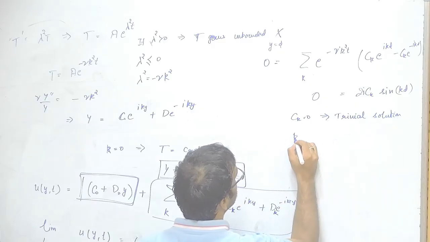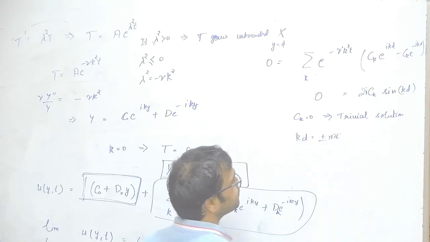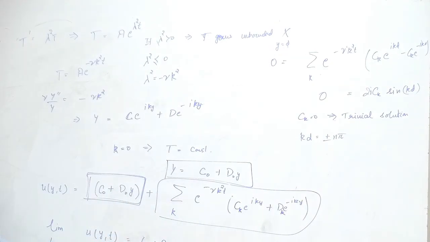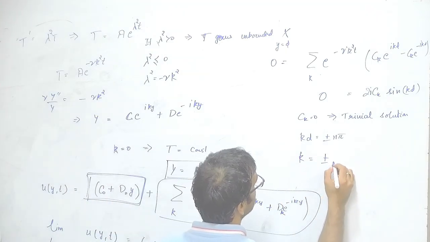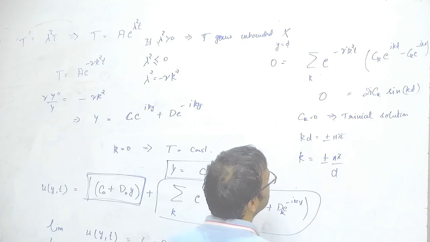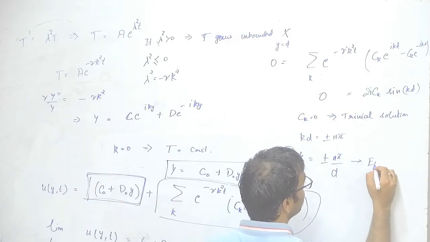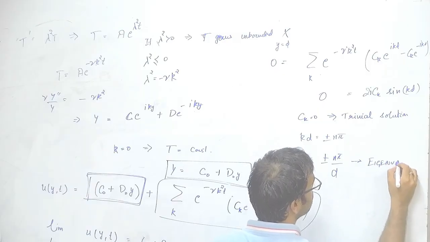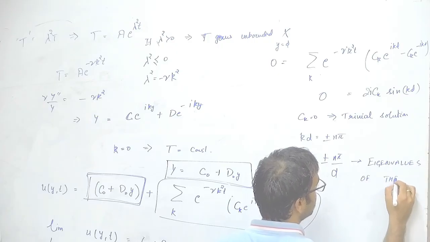The other is when kd equals plus minus n pi, and here we start getting the possible values of k. So k equals plus minus n pi by d. These are called the eigenvalues of the problem.